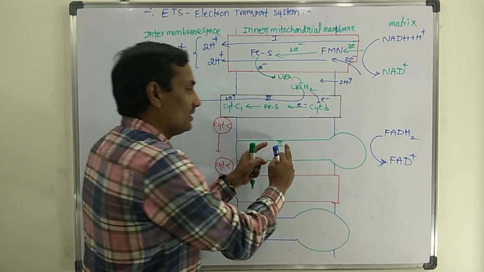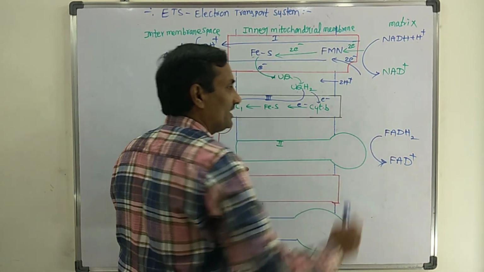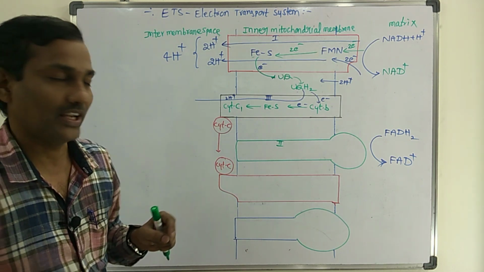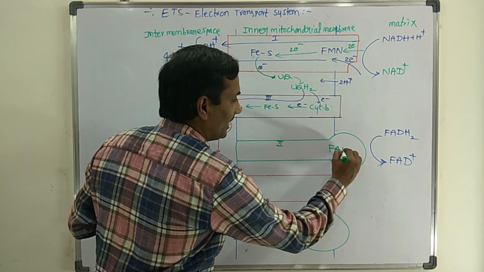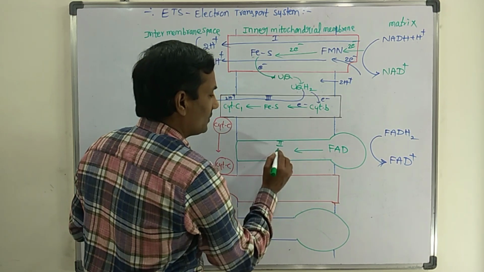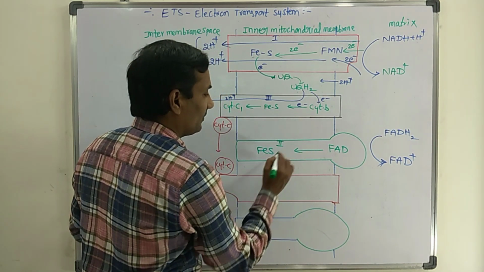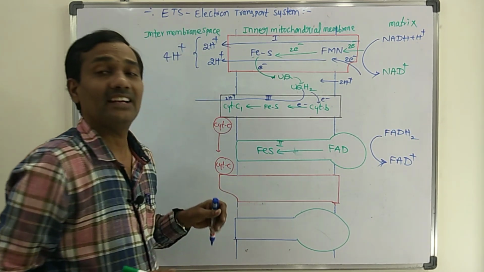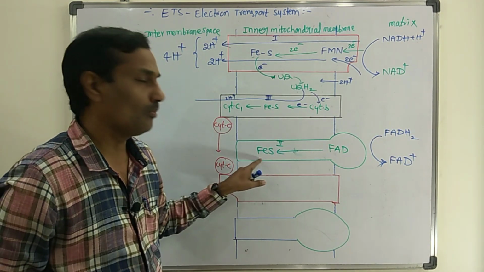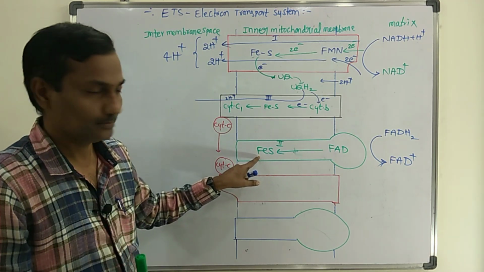Because of this succinate dehydrogenase, oxidation of FADH2 takes place. This consists of FAD as well as iron sulfur protein. FAD is there and iron sulfur protein. These are the components of complex 2.